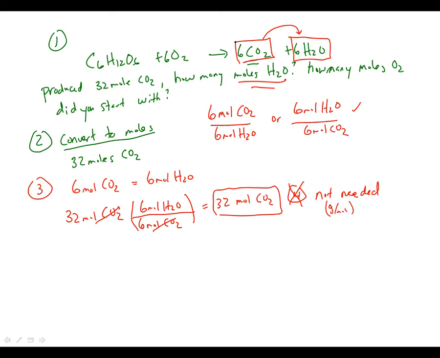In the second part, we want to know how many moles of O2. So in this case, we are starting with CO2 and we want to get to O2 as well.